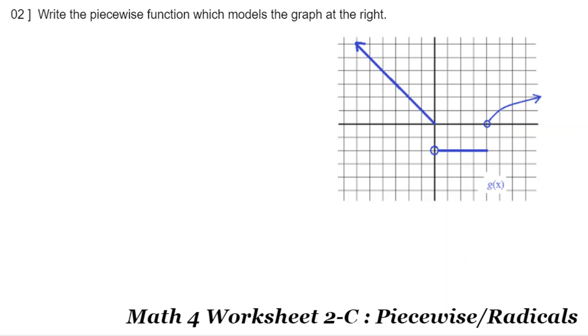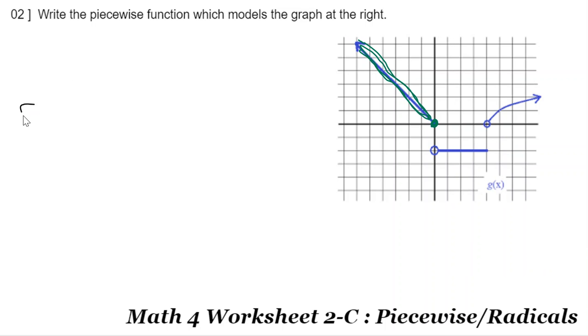Anyway, all right, write a piecewise function for this beast. All right, so we'll start with this guy here. Let's make him green. And we notice that he is going not up and over. In a sense, this is a negative slope, which means that he's going down 1 over 1, down 1 over 1, down 1 over 1, and he goes through the origin.